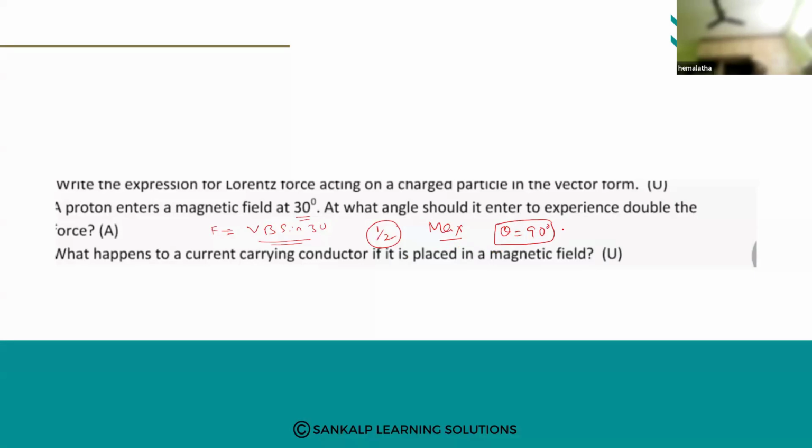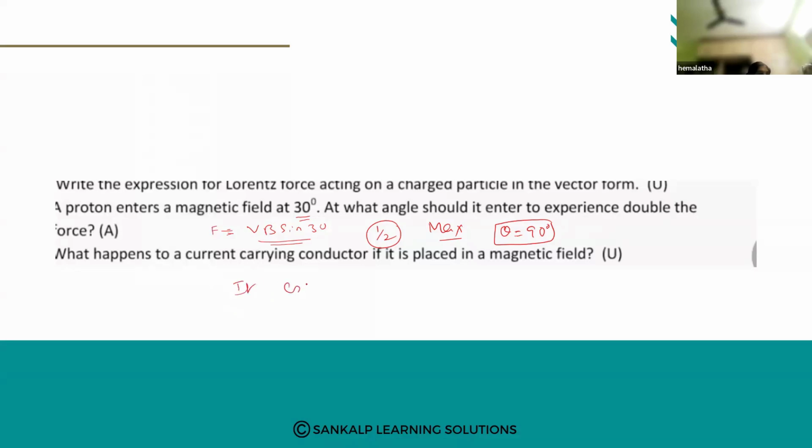What happens to a current carrying conductor in a magnetic field? It experiences a force.